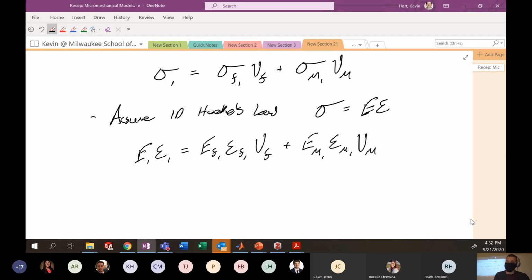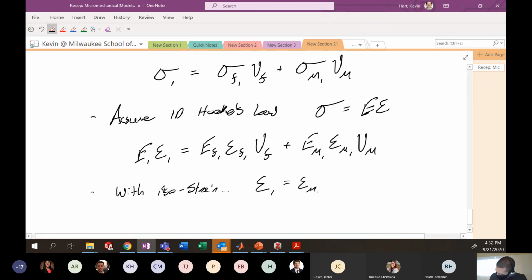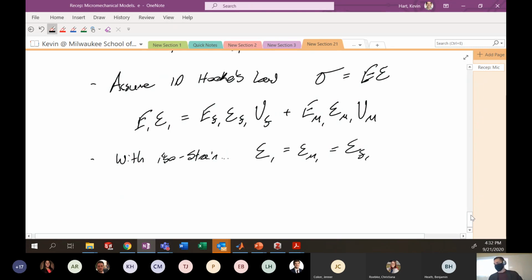Our last assumption that we have to bring in is our isostrain assumption. And that more or less just allows us to cancel the strain out of this equation. We're saying that as we're pulling the fiber and matrix together, because we have this perfect bond between the two of them, they're going to strain at the same rate as we pull on them.